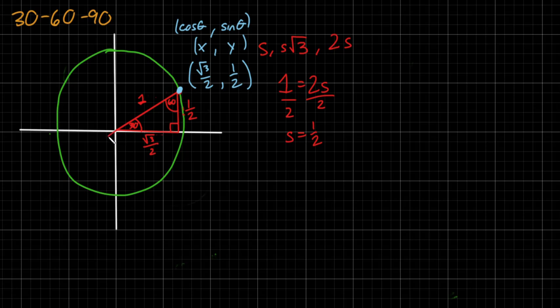Hypotenuse is always 1 in a unit circle. So I go down, up, across, so draw another diameter, and then up. Okay. So this is my triangle over here.